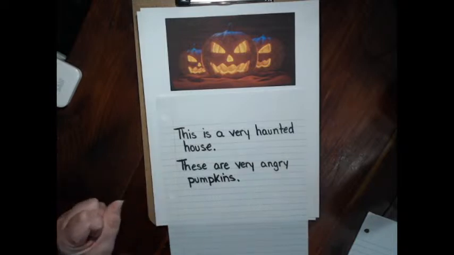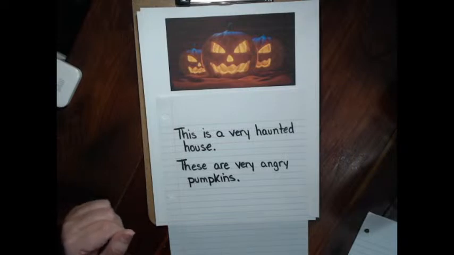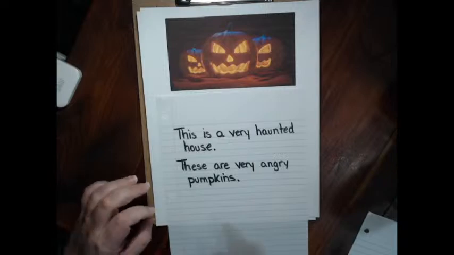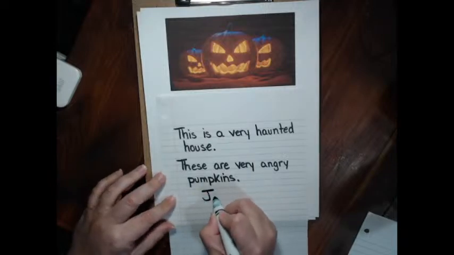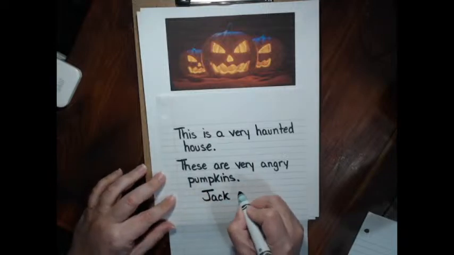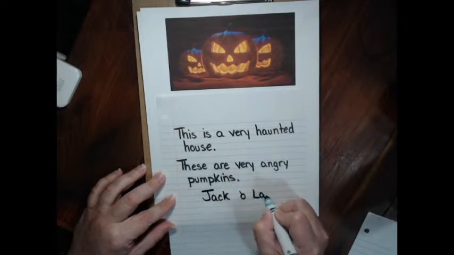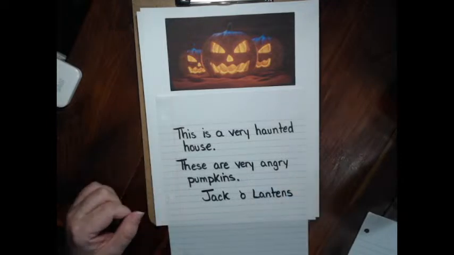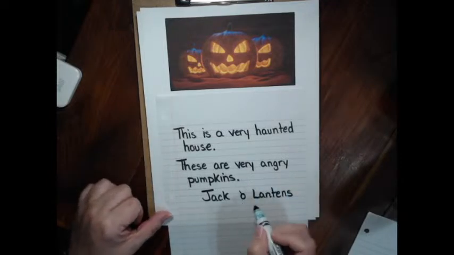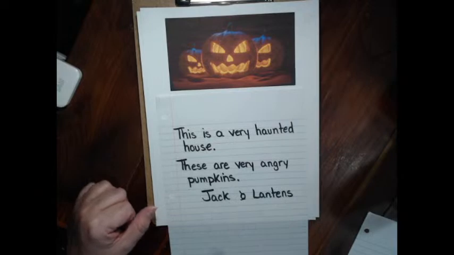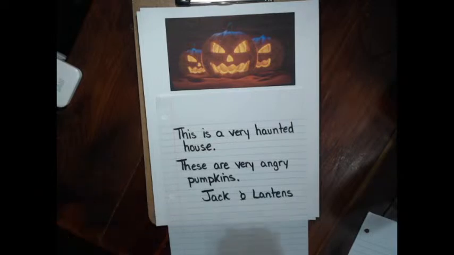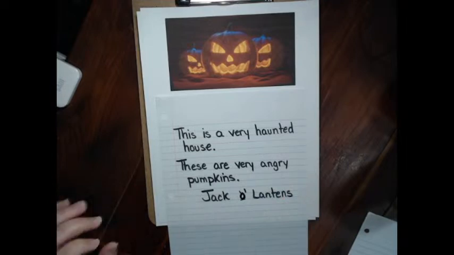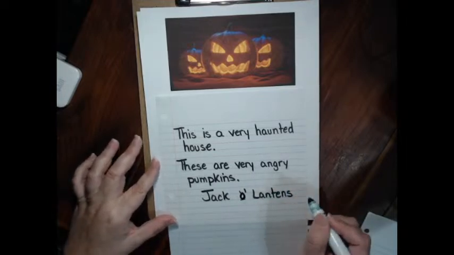Actually, when they have their face carved like this, they're not called just pumpkins. Do you know what they're called? Those are called jack-o'-lanterns. This is actually an O, apostrophe O. Or actually it should be O apostrophe. Sorry about that. Oh, I didn't spell this right either.